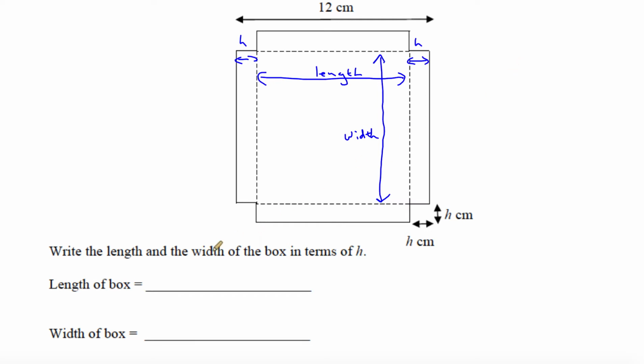So in other words, it would be the 12 minus h minus h. In other words, 12 minus 2 h's, whatever they are. We don't know what they are, but we're allowed to give our answer in terms of h anyway. And the width of the box would be the same, going the other way, because you've got 12 this way, and again h. So it's 12 minus 2h for the length and the width of the box.